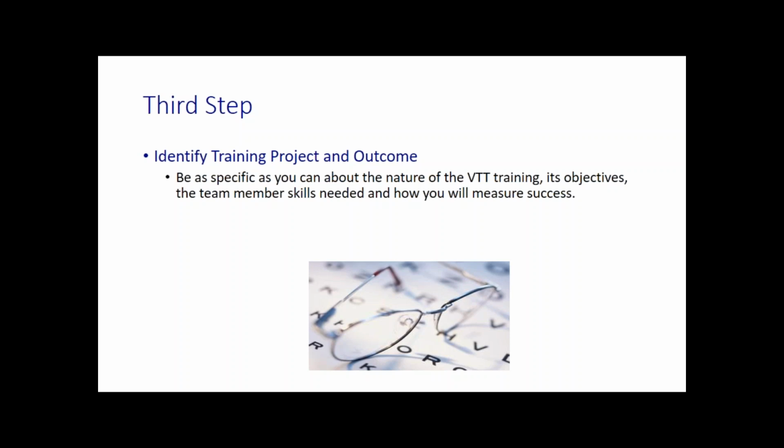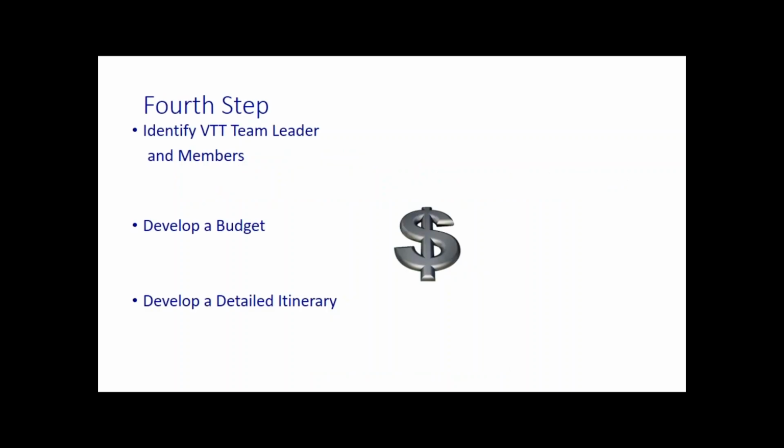Okay, third step is identify actually what the project is, how it's going to take shape, and what you expect the outcome to be. Then identify a team leader, which again, as I pointed out, is how I got to go to Bolivia. They identified the only person qualified in District 5020 and available.